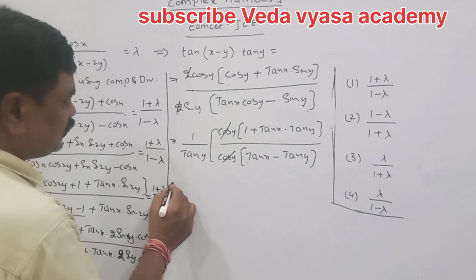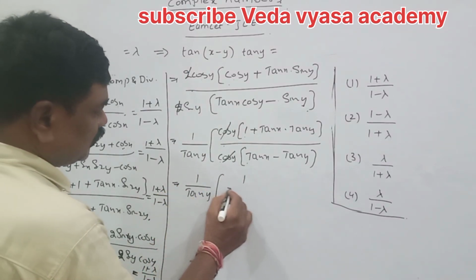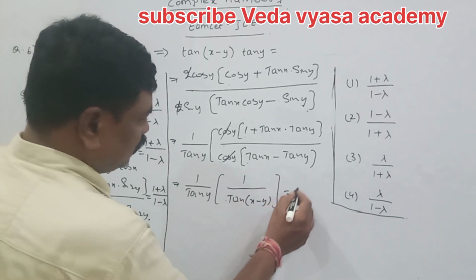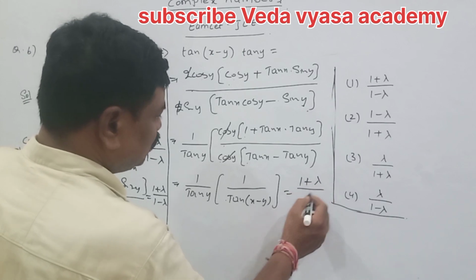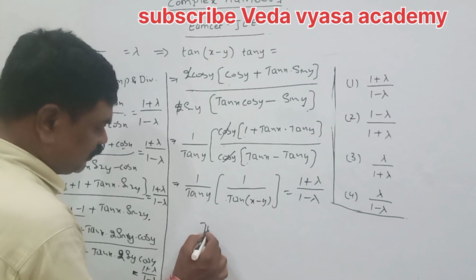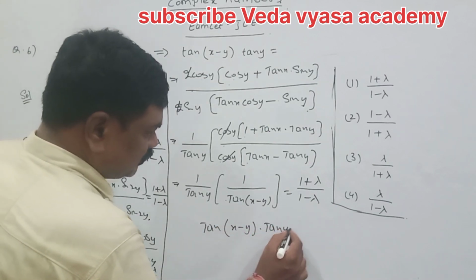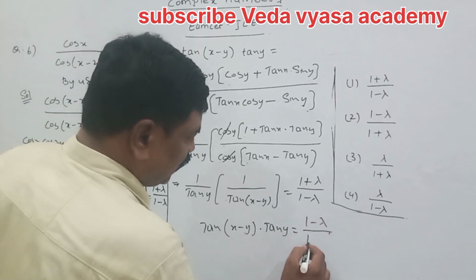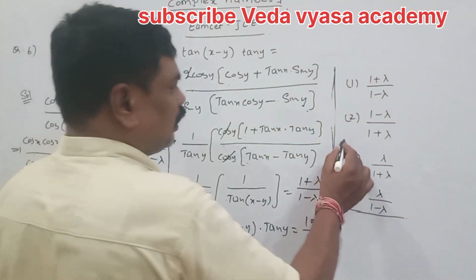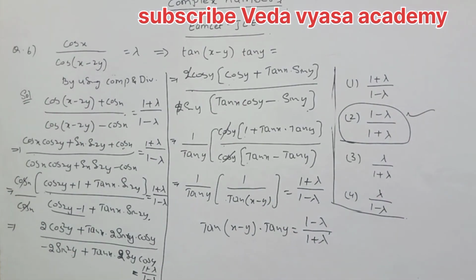This one cancels, therefore 1 by tan y of this is 1 by tan of (x minus y) equal to (1 plus lambda) by (1 minus lambda). So this can be written as tan of (x minus y) into tan y is equal to (1 minus lambda) by (1 plus lambda). Therefore, what is the option here? Option 2 is the answer. Okay, all of you. That's all.